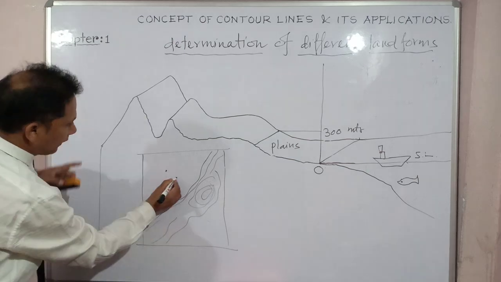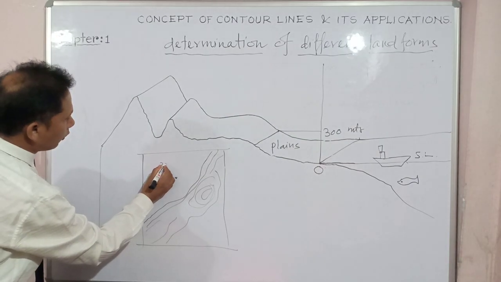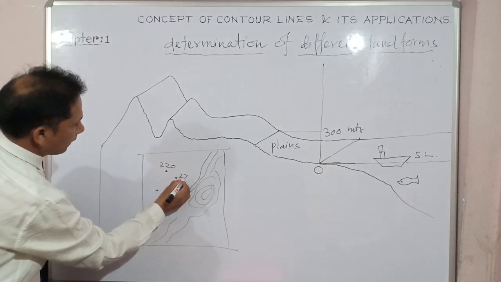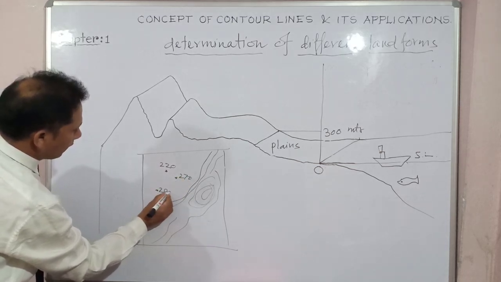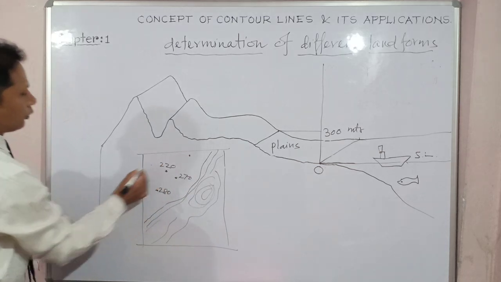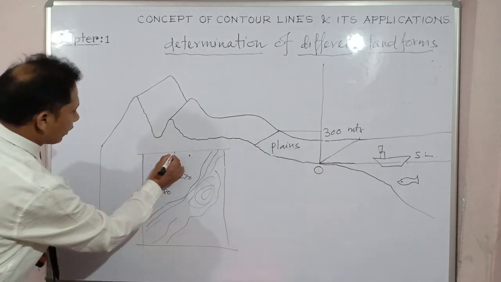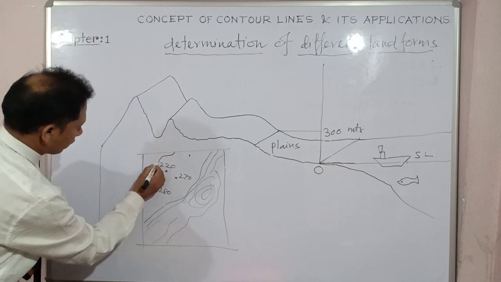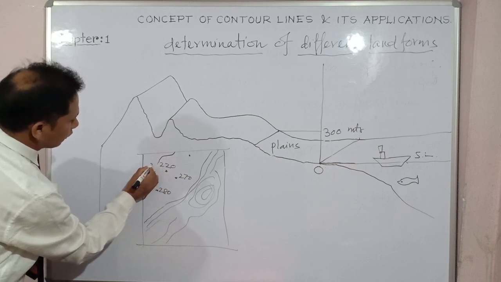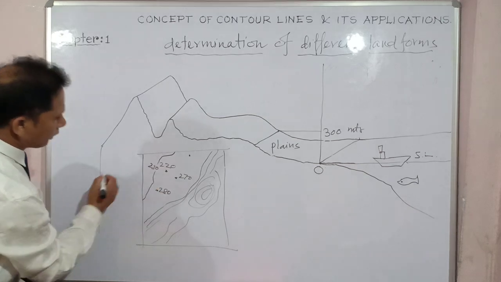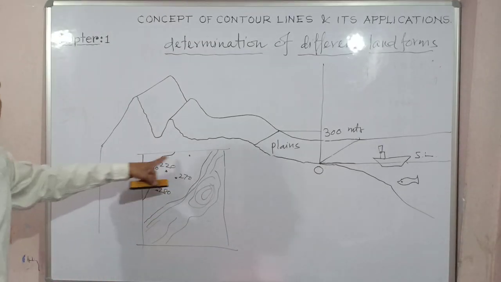Whatever it is, if this contour is 220, 270, okay, 280, right? So this contours, okay, only there is no contours or less contours, right? Or any contour, suppose this contour line value is 230, that means what? It's below 300.